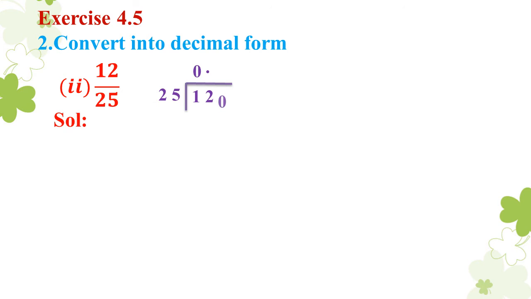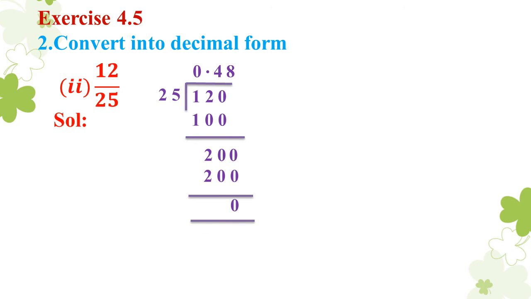So we put 0 after 12 and put the point in the quotient. 4 25s are 100. 120 minus 100, 20. Now again add 0. 8 25s are 200. 200 minus 200, 0. We get the remainder 0.